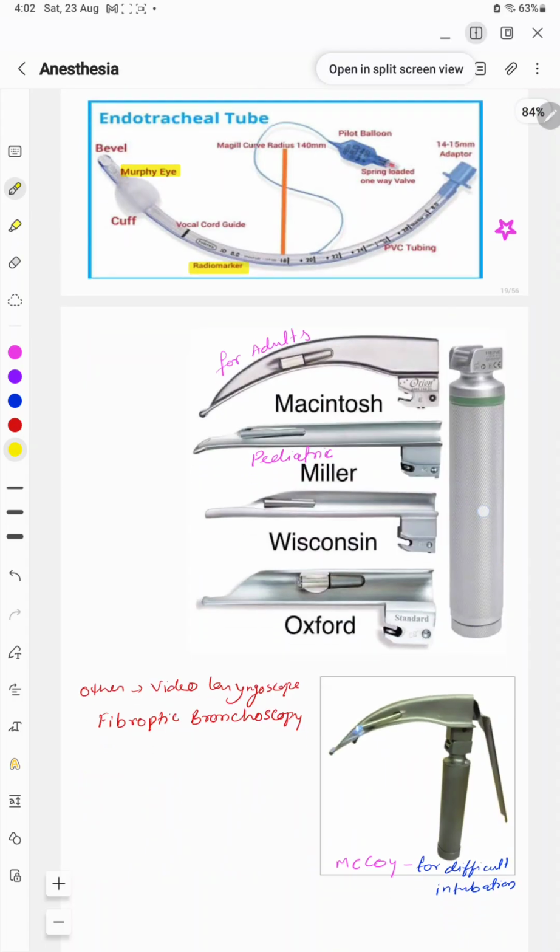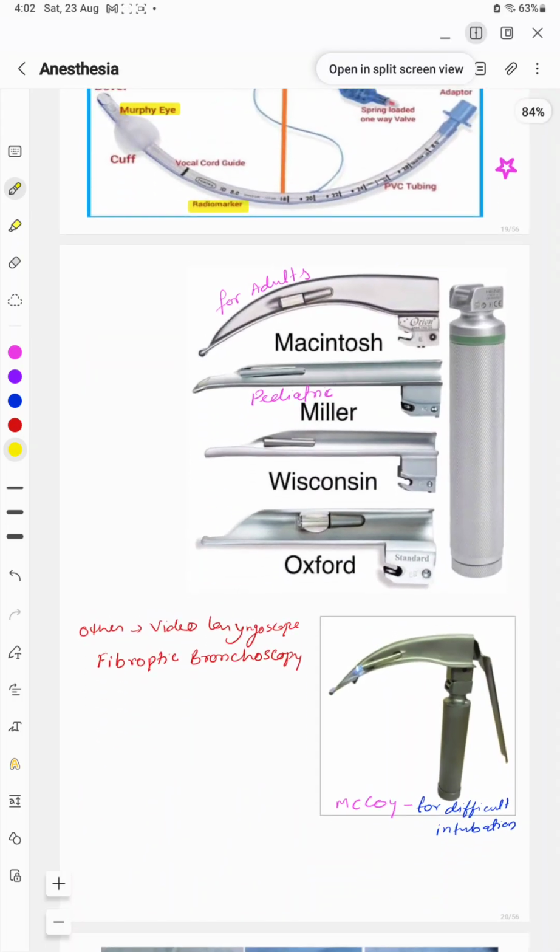Now this is the laryngoscope. This is also a VQ, a visual question they ask. For adults we use Macintosh, and for children we use Miller. Miller is straight, like a pillar, and Macintosh is curved like the beak of a parrot.